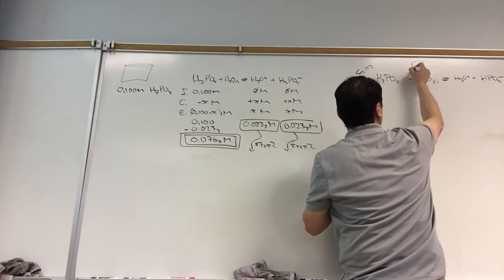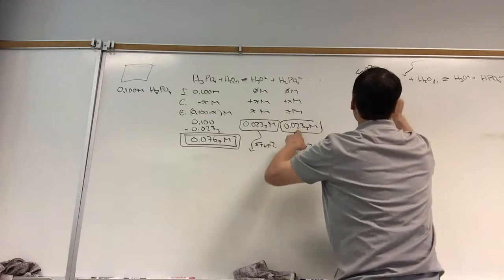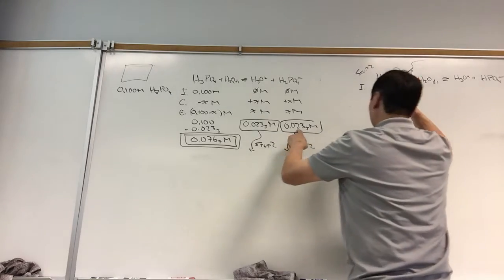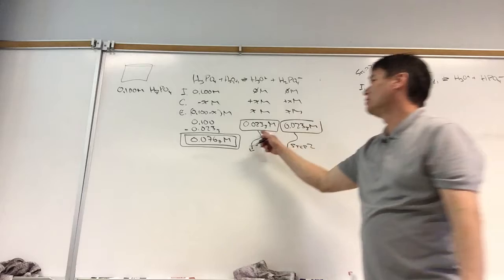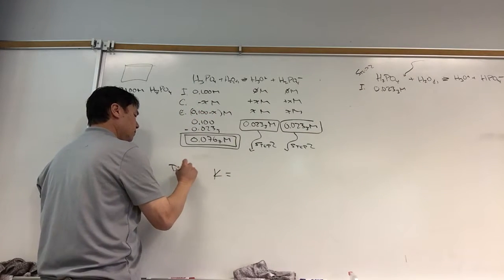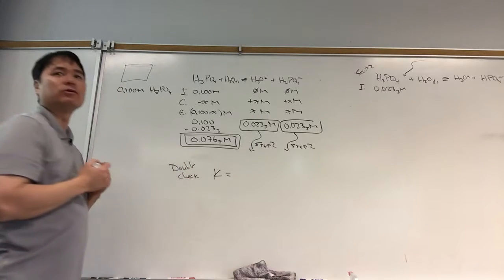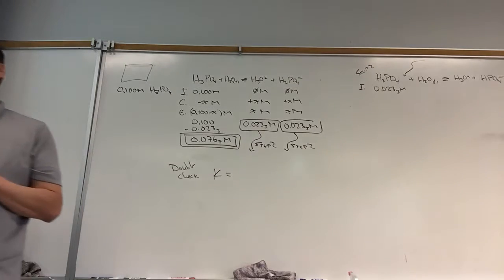From step 2, we get our dihydrogen phosphate concentration, which is 0.0233 molar. Let's double check this equilibrium and make sure that the K checks out first. I forgot to do that before the next calculation, in case I made a mistake.